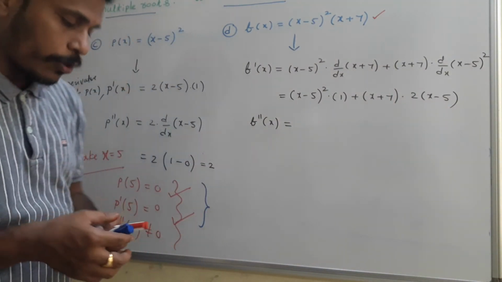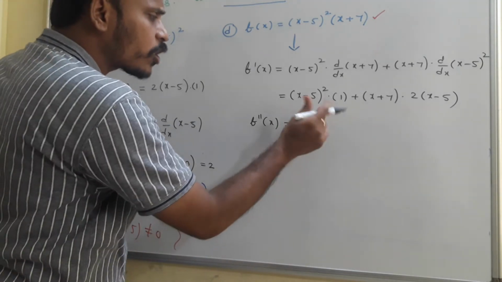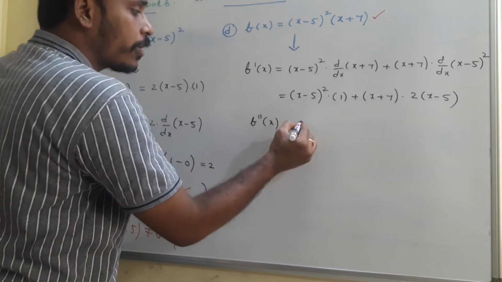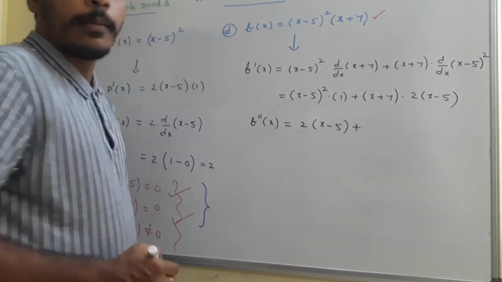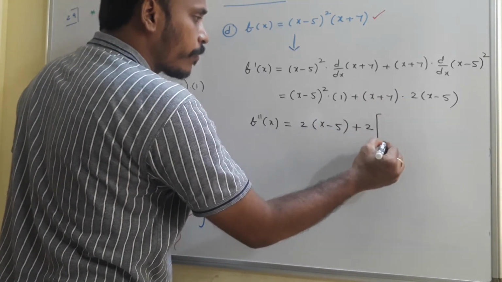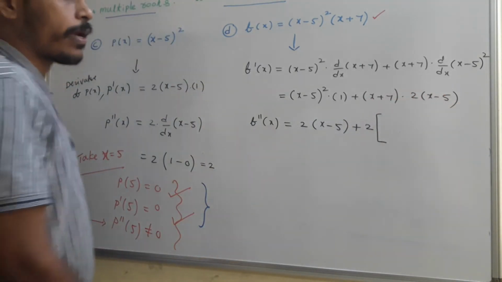Then we need to think about the second derivative. Look here, this function is (x minus 5) whole square, so its derivative is 2 times (x minus 5). Plus here 2 is a constant, and now this is the product of two functions, (x plus 7) into (x minus 5).